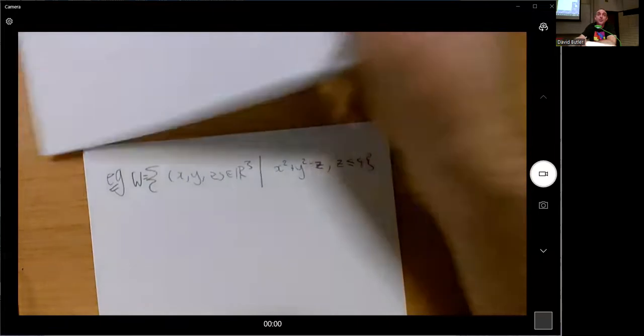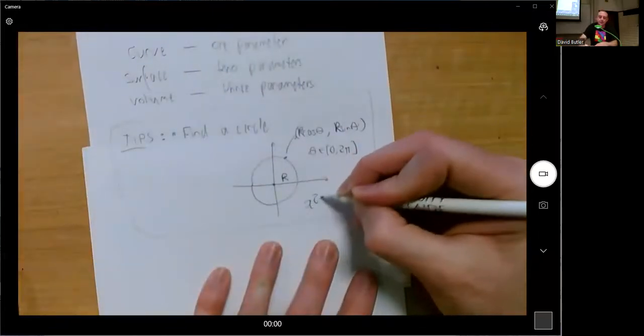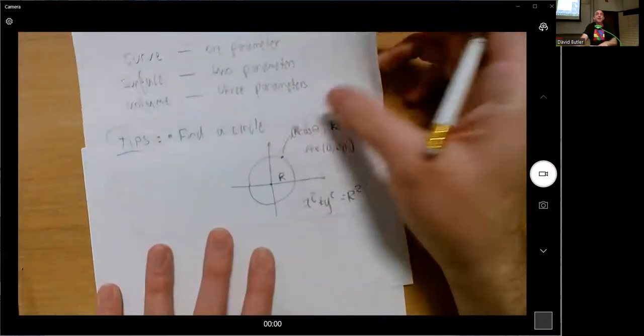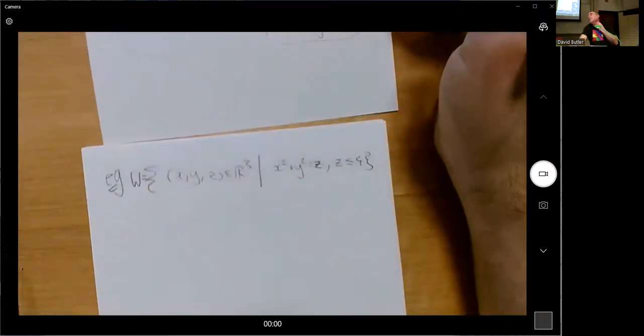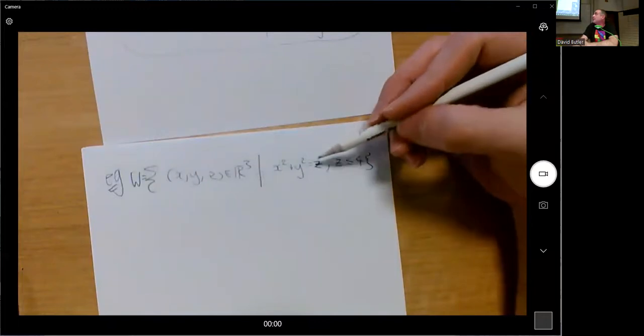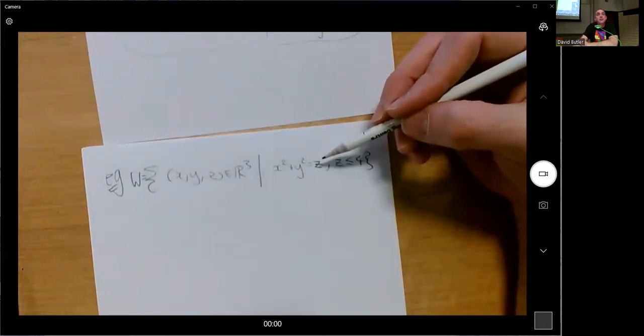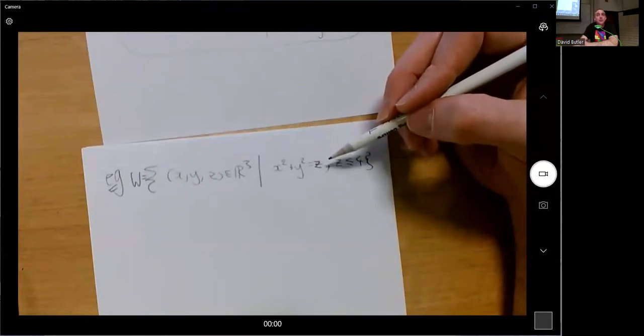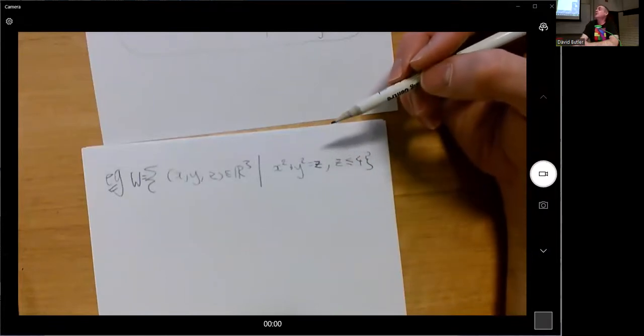In fact, we should probably just notice this. This is x squared plus y squared equals r squared. Good noticing. But we're allowed to choose different values of z. And so there's a different circle for each z. You're thinking a cylinder?